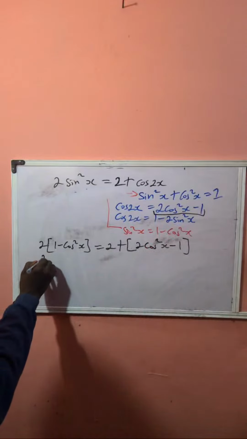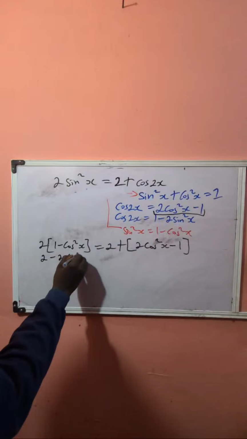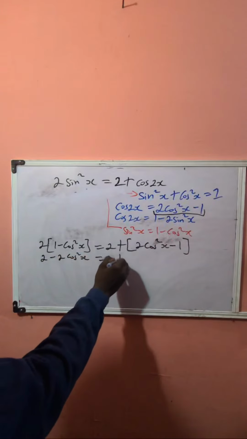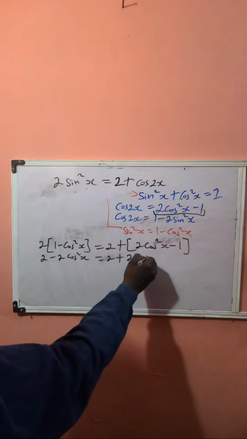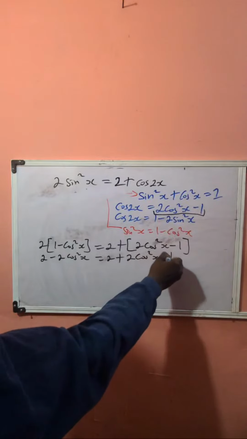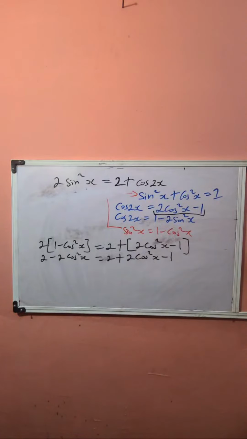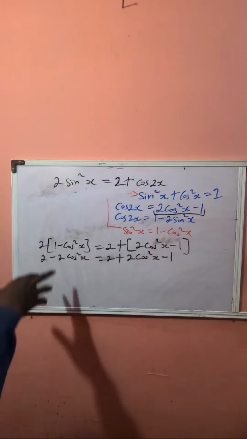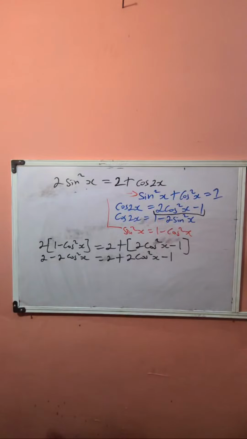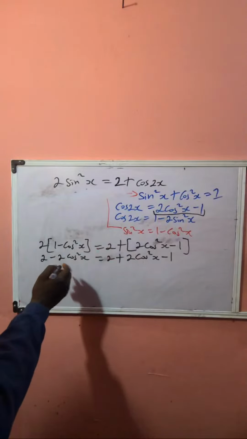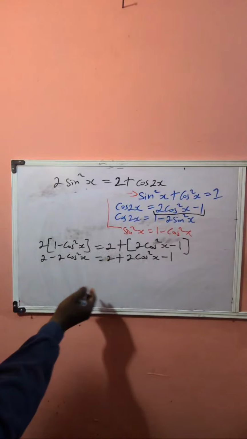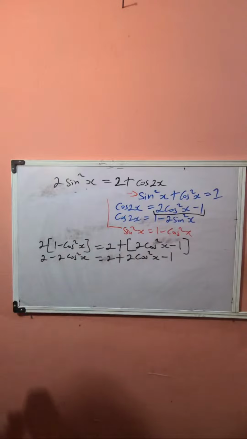Now, looking at what we have here, I can open this. Obviously, we have 2 minus 2 cos square x will be equals to 2 plus 2 cos square x minus 1. Now we have to go on to collect like terms. I can see I have minus 2 here. Let me bring everything here, and let me bring 2 here.